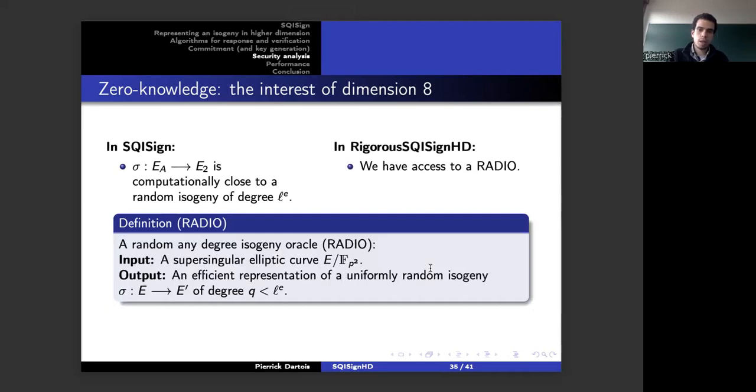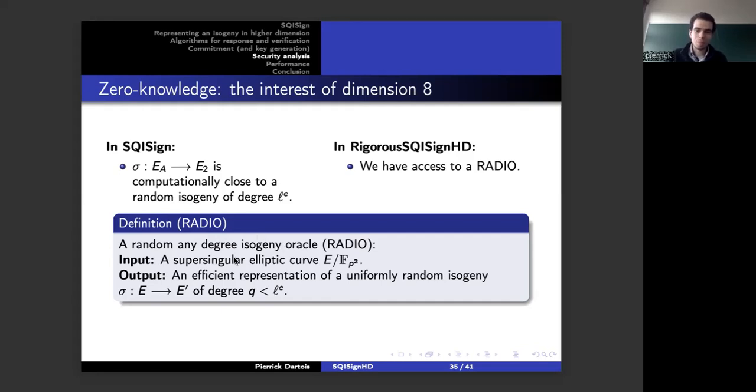In dimension 8, the only heuristic assumption that we need is the access to another oracle, which is simpler than the oracle we introduced earlier. It's called the RAIDIO, the random any degree isogeny oracle. So the name is very unexpected, I'm sorry for that.